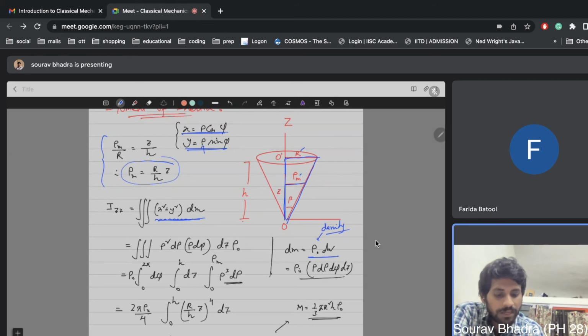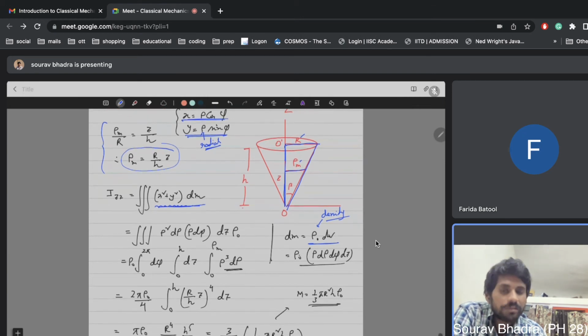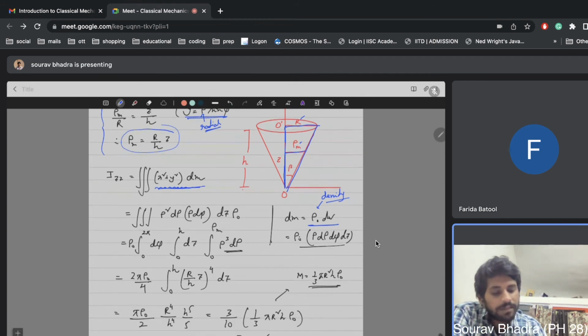This rho is the radial coordinate, but this rho 0 is the density of the cone, and I have taken it as a uniform density, so it is a constant density cone. And dv, the volume element, can be written as rho d rho d phi dz.